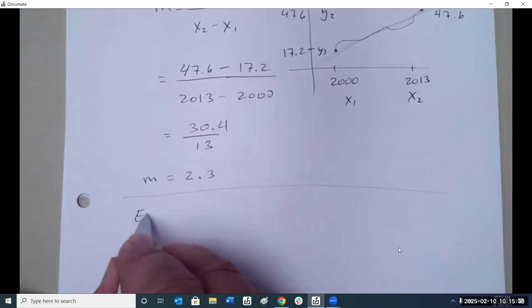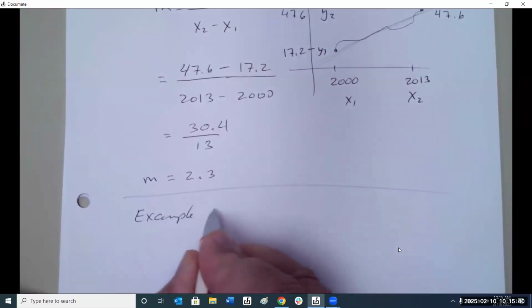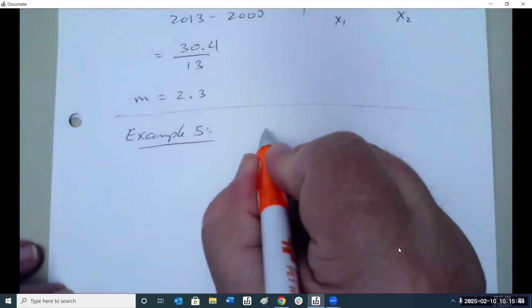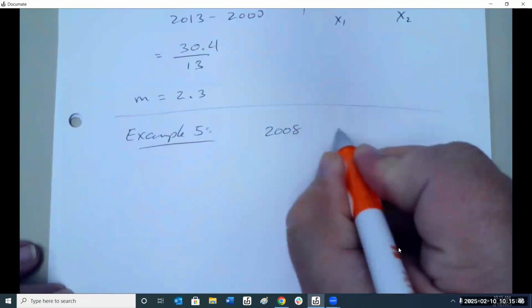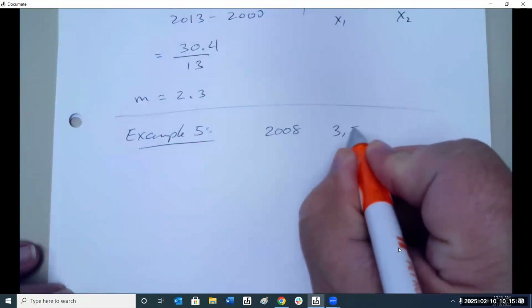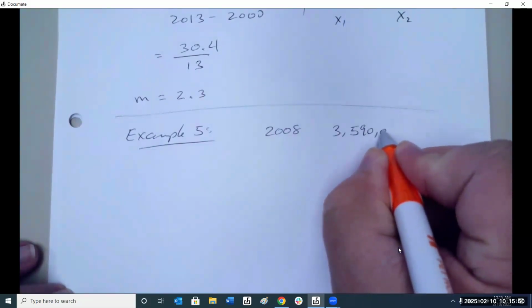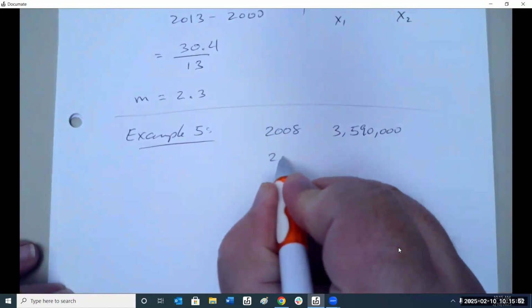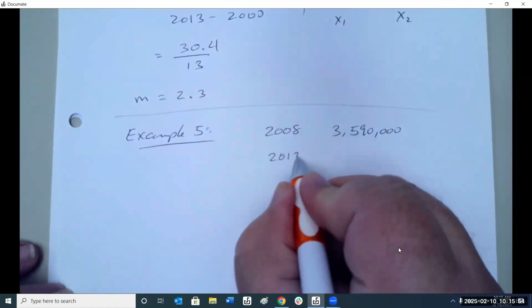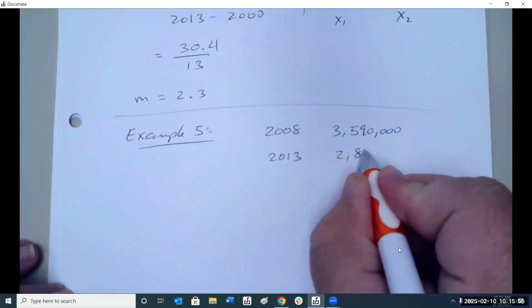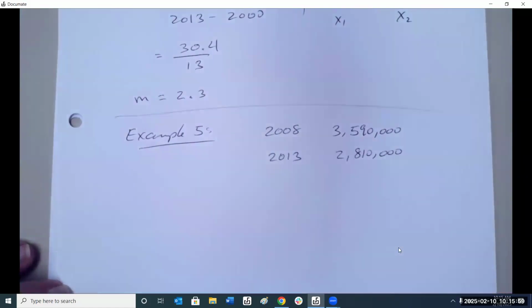This is example 5. So in 2008, it was 3,590,000. In 2013, it was 2,810,000 barrels.